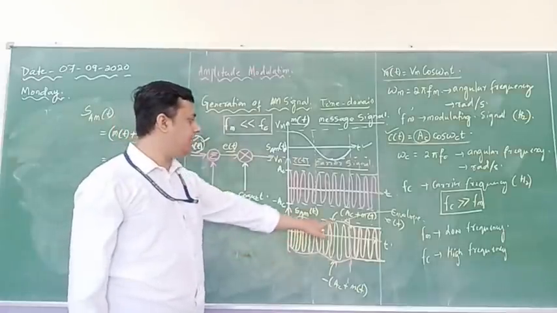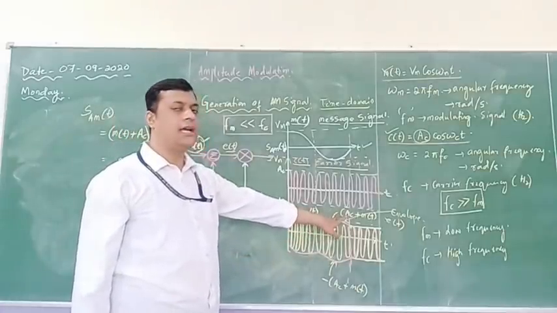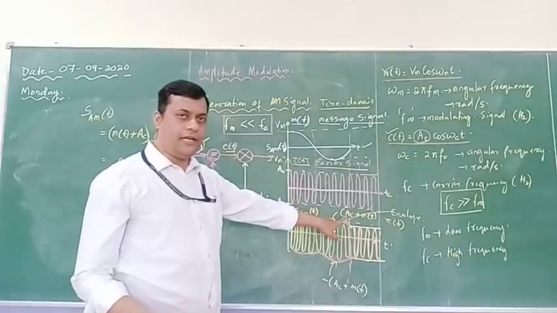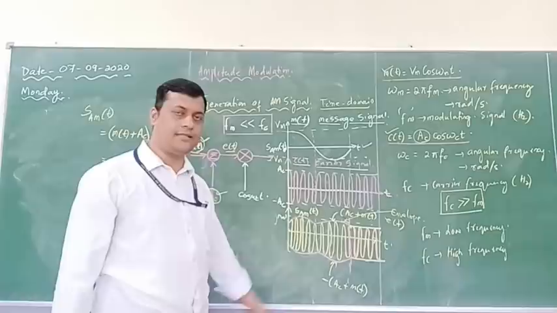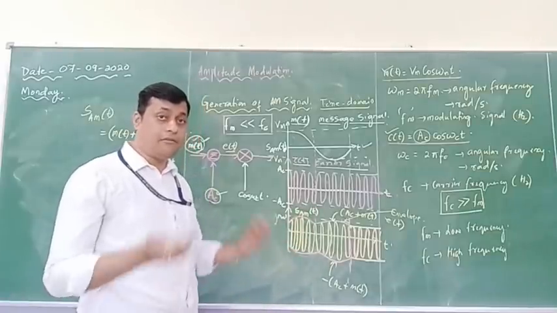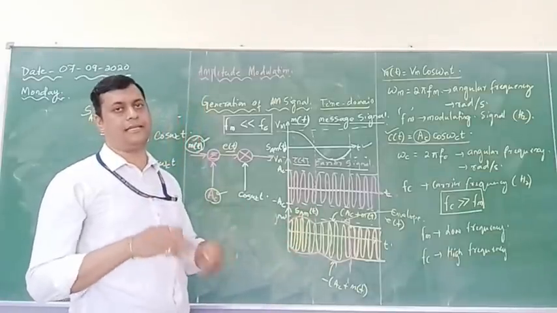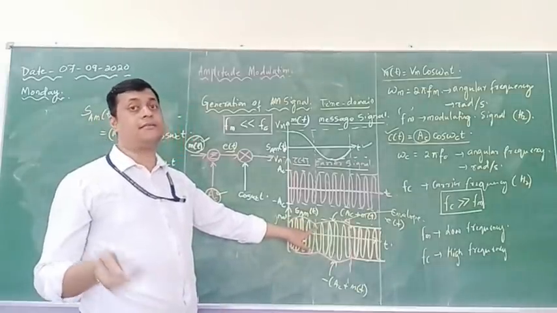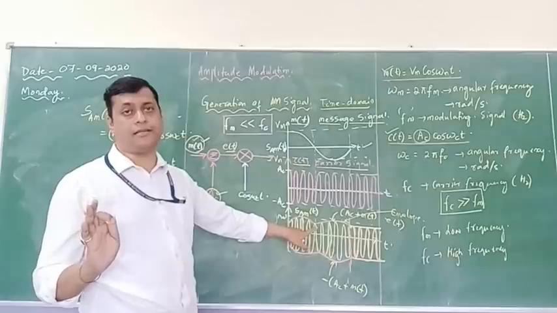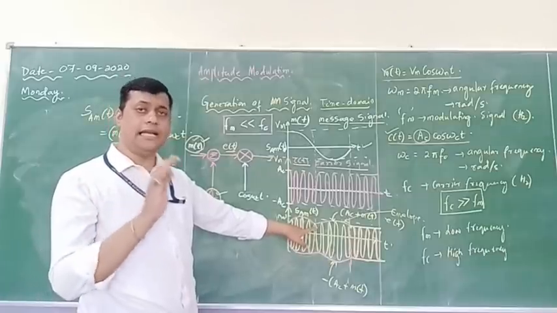The peak is plus AC plus m of t, and the negative is minus of AC plus m of t. This is called the envelope, in which our message component is available with the carrier. But the carrier inside the envelope does not convey any information. Our information is available in the envelope.